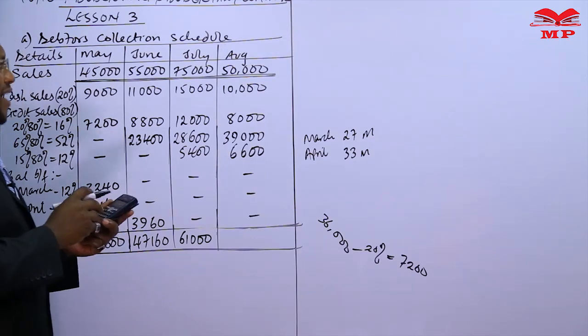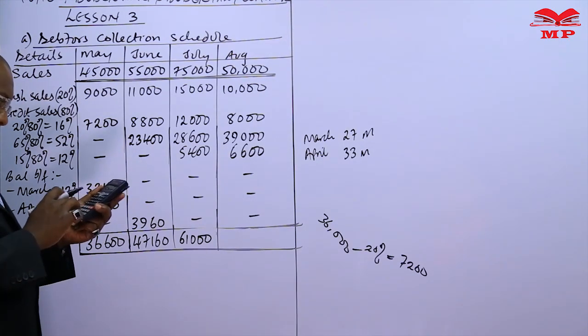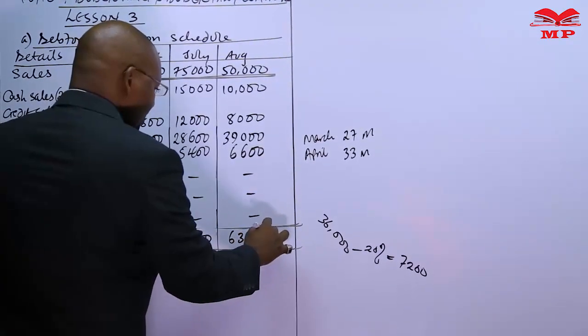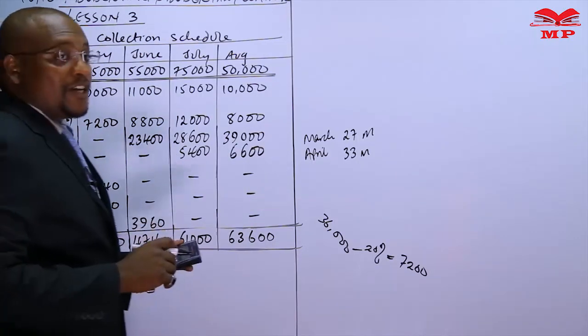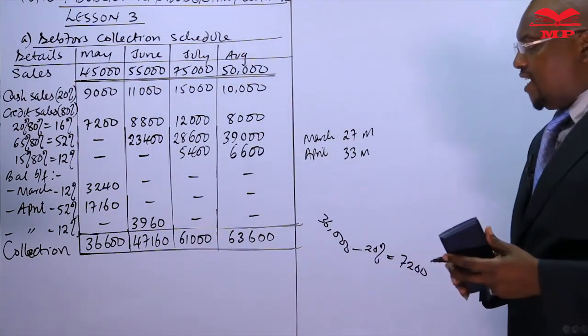And lastly, in August, we have 10,000 plus 8,000 plus 39,000 plus 6,600. This is 63,600. So that is now the collection, and I hope everything is clear concerning how the collection is done.